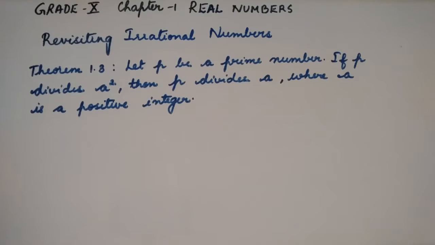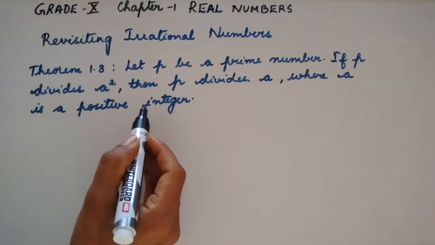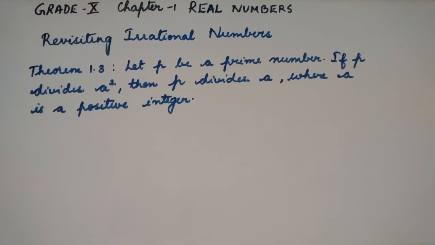I have chosen a equal to 6 in the example, and there 6 was not a prime number, isn't it? a is a positive integer, so 6 was a positive integer. So I can take the composite number also, that is 36.